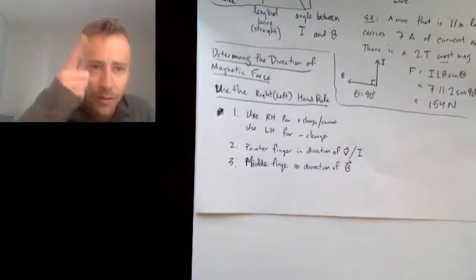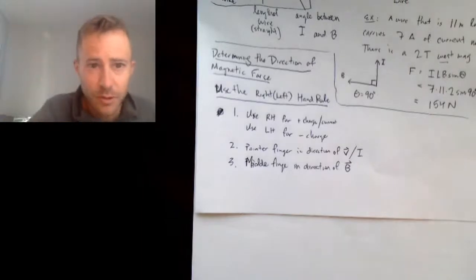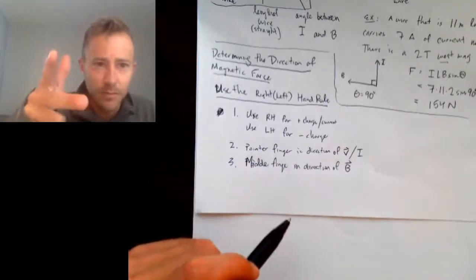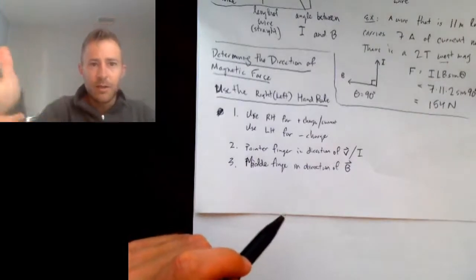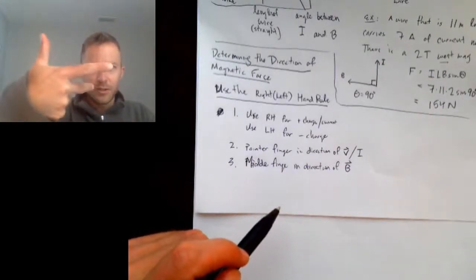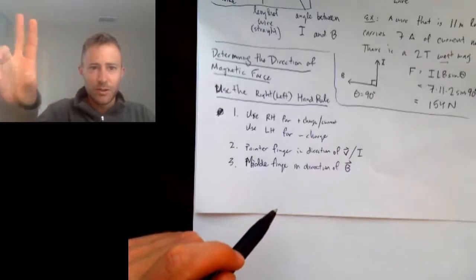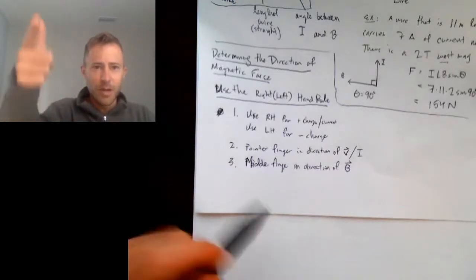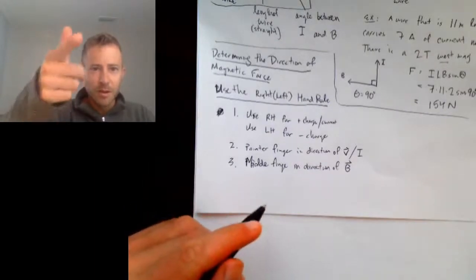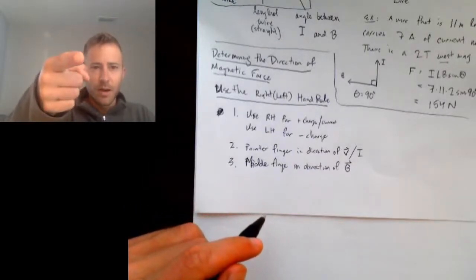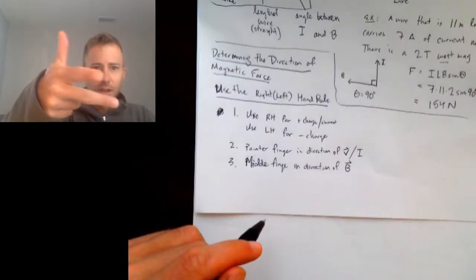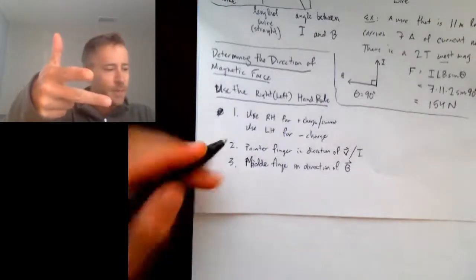So your pointer finger is the direction of motion of the charge. Your middle finger is the direction of the magnetic field. And then when you do that, your thumb sticks out. So you're kind of doing something like this. You're using these three fingers. It's going to make more sense once we do an example. You're doing one finger with the velocity or the current, one finger with the magnetic field, and then there's your thumb.